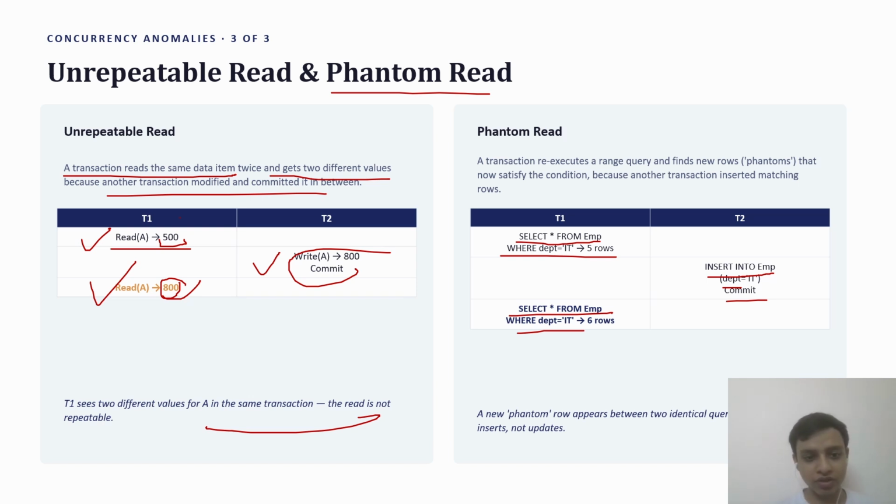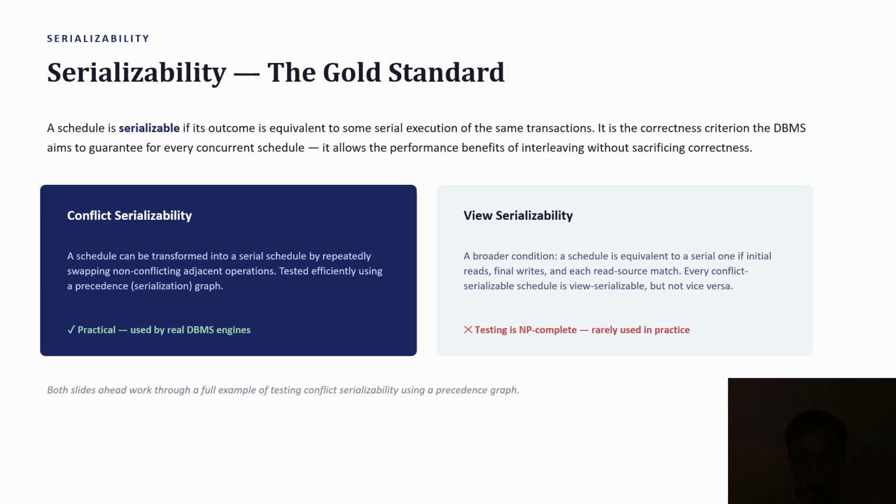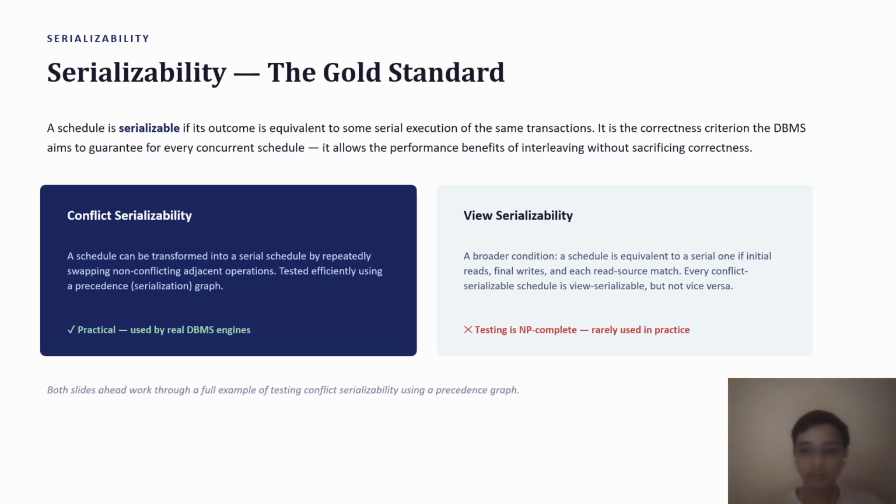So let me go through serializability. How to solve this? To solve all these things, we have to make our transactions serializable. For example, you have random things happening around you.